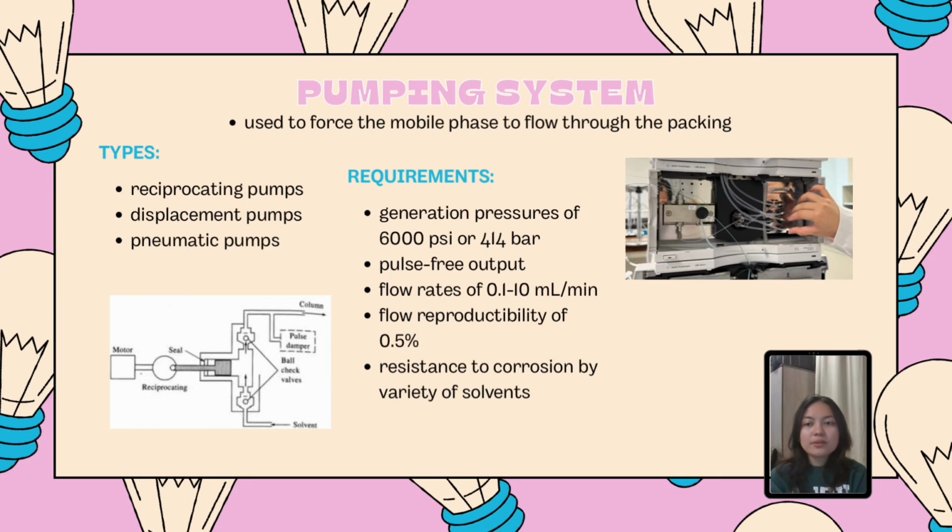It must have pulse-free output with flow rates of 0.1 to 10 ml per minute, flow reproducibility of 0.5% relative, and resistance to corrosion by a variety of solvents. There are three types of pumps: reciprocating pumps, which are the most widely used, displacement pumps, and pneumatic pumps.